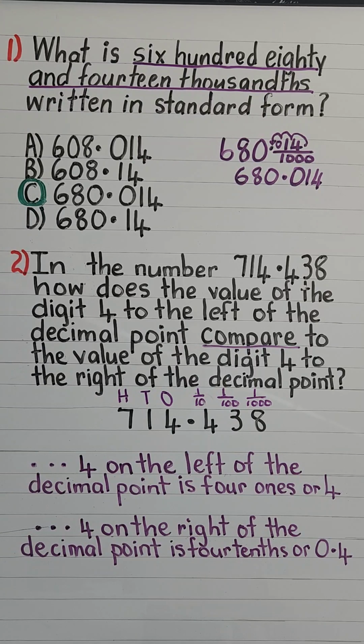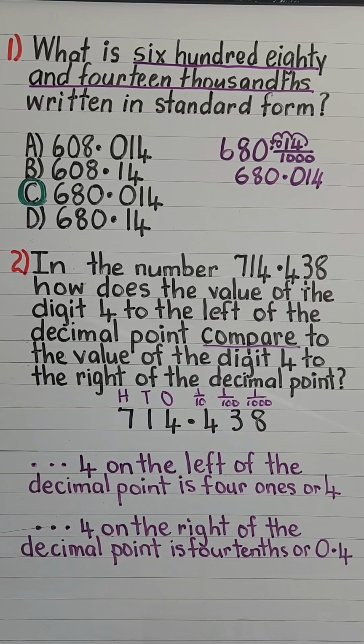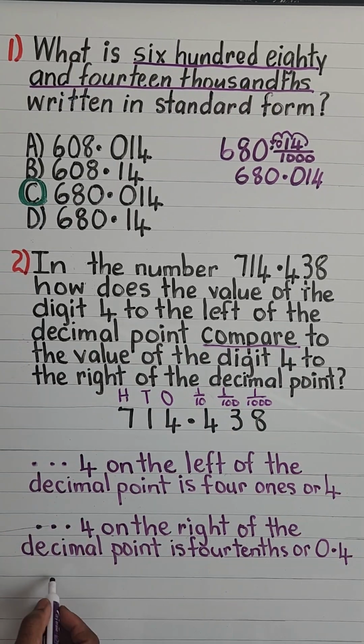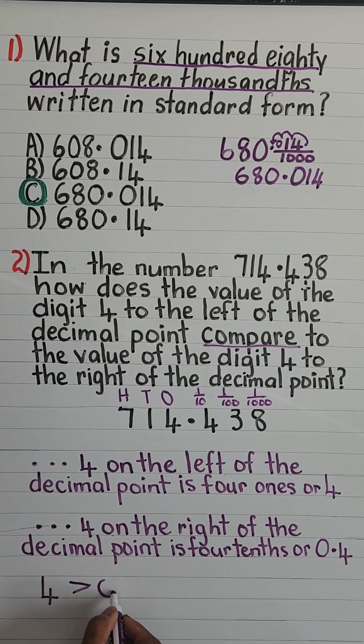Now let's sum that up to ensure we get our full points. If it's 2 points, if it's 3 points, we want to ensure that we get the full points. So let's sum it up. We're going to say just what we said. 4 is greater than 0.4.